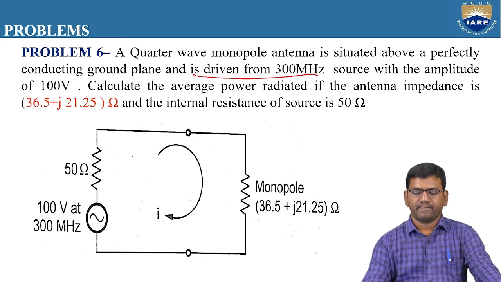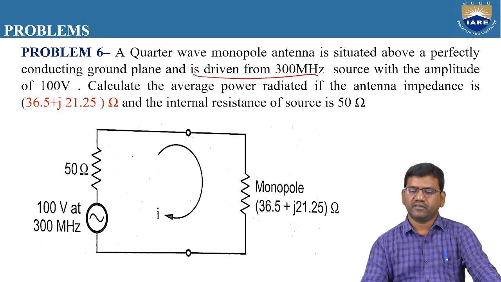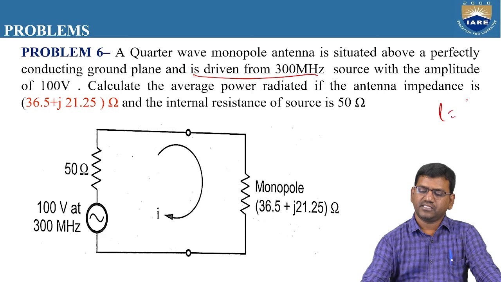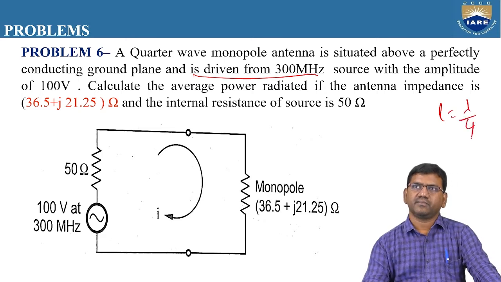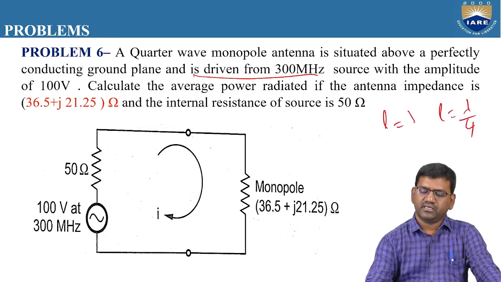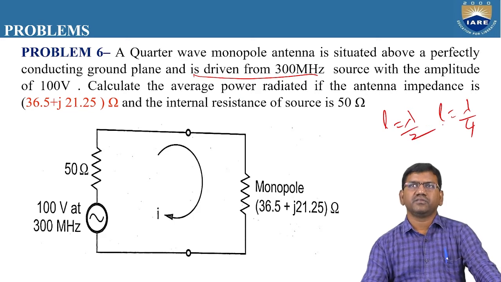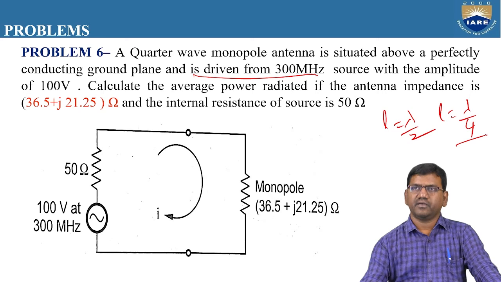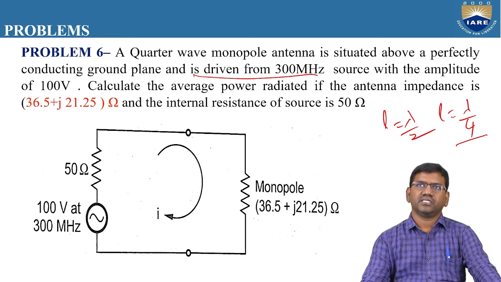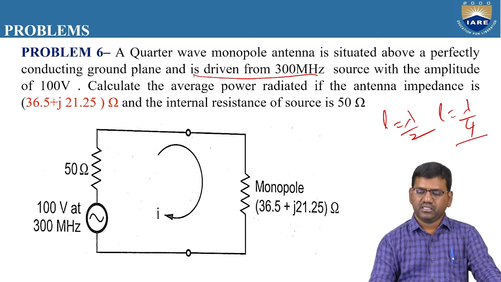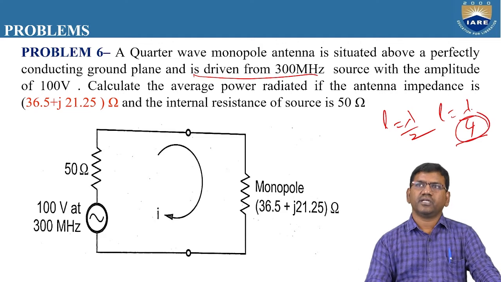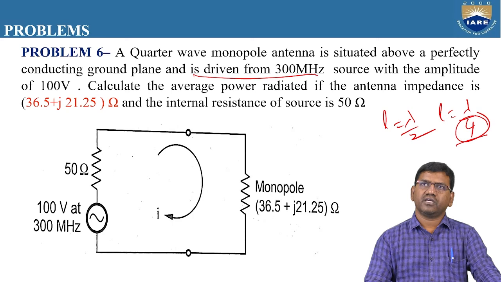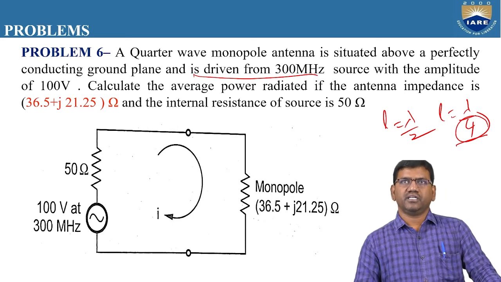A monopole antenna is one where the length L is lambda by 4. If the length of the antenna is lambda by 2, it is known as a half wave dipole antenna. If the length is lambda by 4, we call that antenna a monopole antenna, hence a quarter wave monopole antenna.